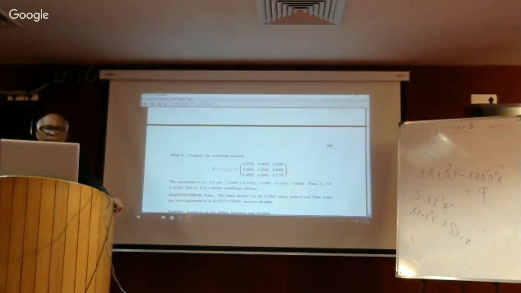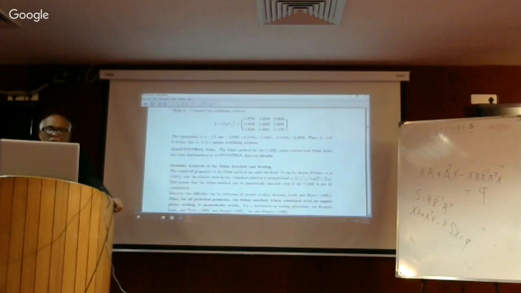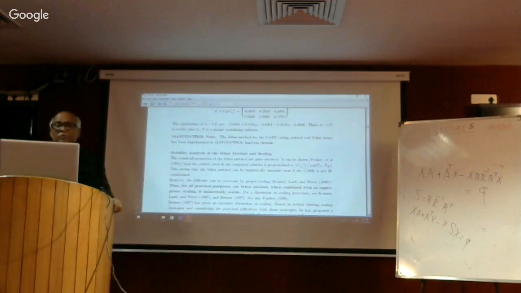So X is the stabilizing solution. And there is an algorithm, a MATCONTROL function called RICSCHC, the Riccati equation for continuous time using Schur form.